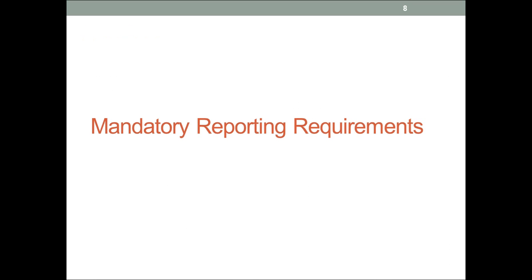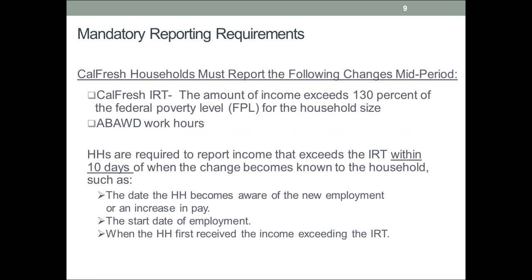So we're going to jump into mandatory reporting requirements. As Dave briefly touched on, there are 2 mandatory reports that must be made at any time during the certification. For the CalFresh household, the IRT that Dave was talking about, they have to report when their amount of income exceeds 130% of the federal poverty level, per household size.